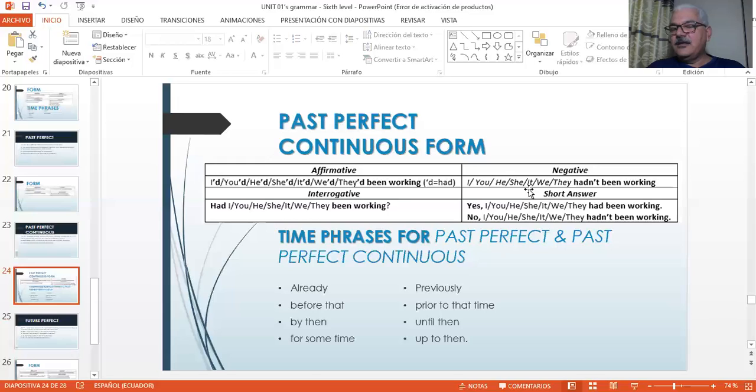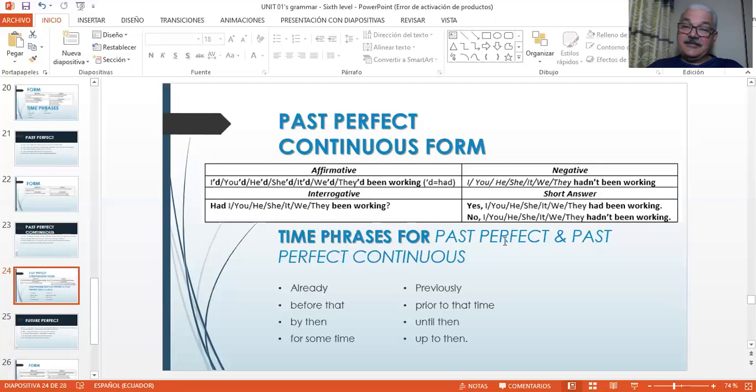So I, she or he, she, we, etc. hadn't been working. If it is a question, we make the inversion. We use first the auxiliary, then the subject, then been, and finally the main verb.